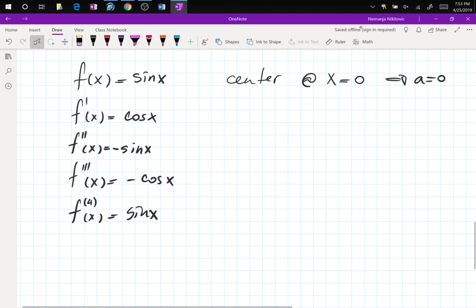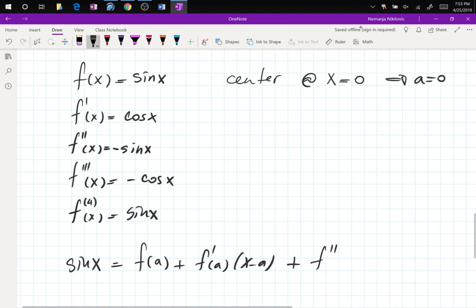So what is my approximation for sine x using these polynomials and things? So I have f of a plus f prime of a x minus a. I have to go 4 derivatives now.